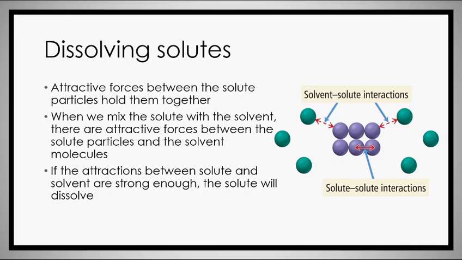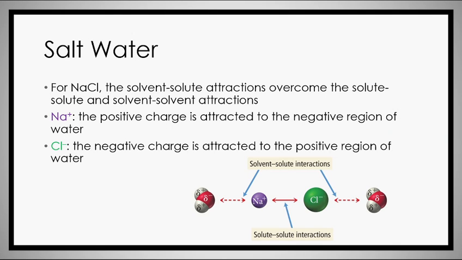But the whole idea here is if the solute-solute interactions are weaker than the solvent-solute interactions, this complex is going to be dissolved. These ions are going to be completely separated from one another once you place it into the solvent. And so, salt water.